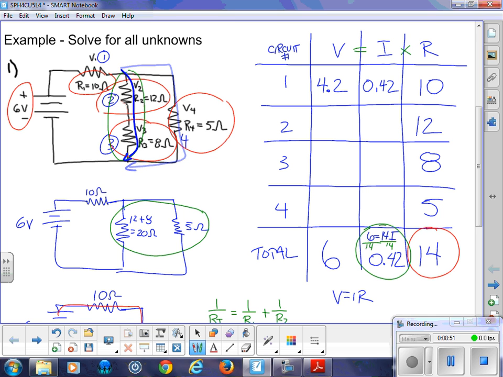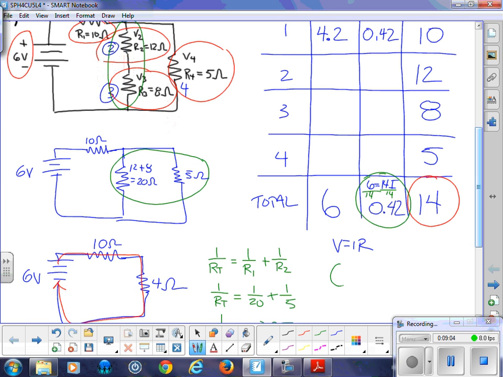But regardless of which pathway you take, if you go the outside one or through the middle, you have to eat pretzels. How many pretzels are left? Okay, or how many volts are left? Well, I started with 6 volts. I used up 4.2 going through that first resistor, so I ate a lot of pretzels on the first resistor.